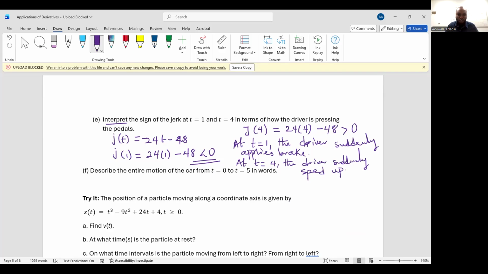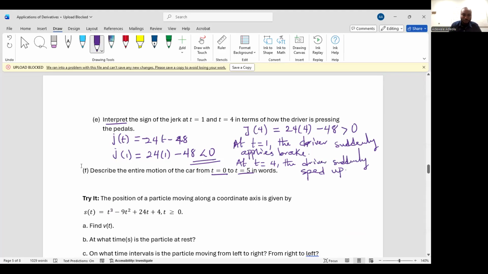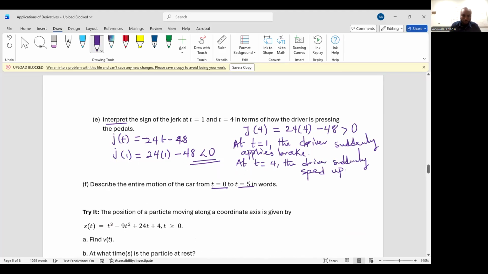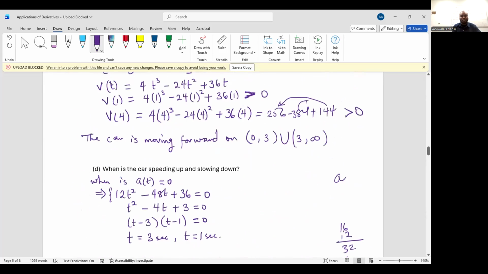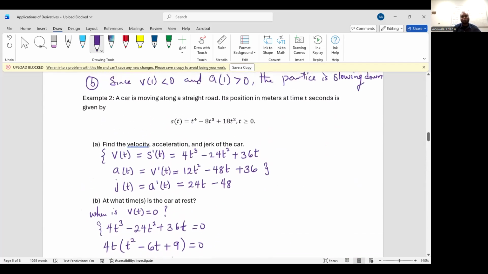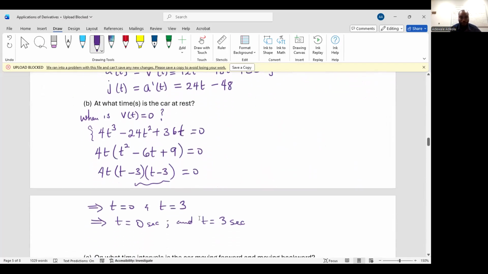Describe the entire motion of the car from t equals 0 to 5. Oh, this is similar to saying, tell the story, right? That's the story. That is from 0 to 5. It's just similar to asking you what happens from the beginning. So it's simple.